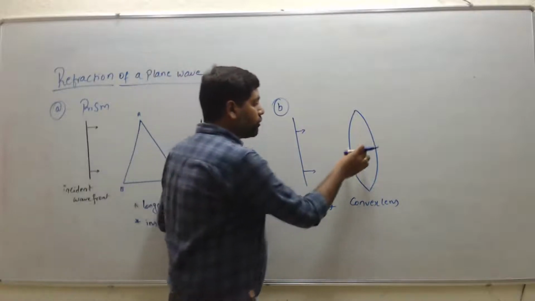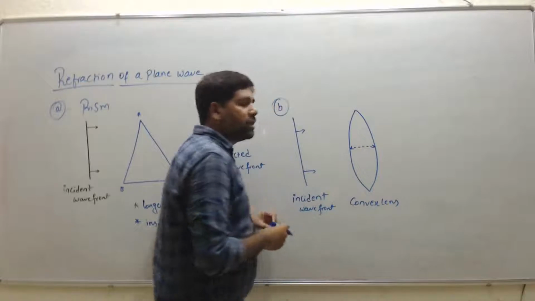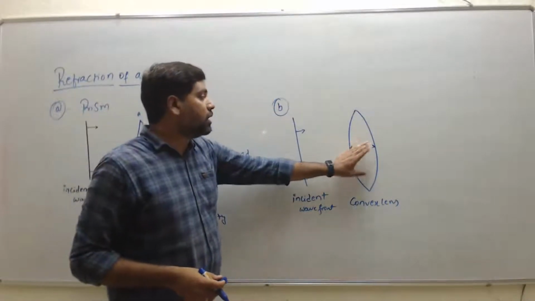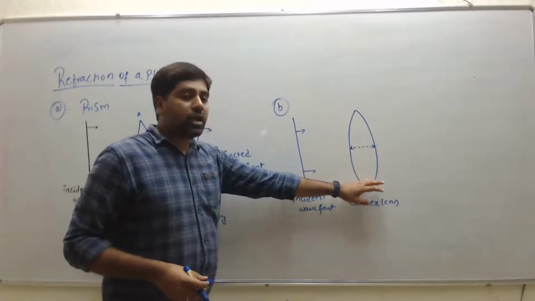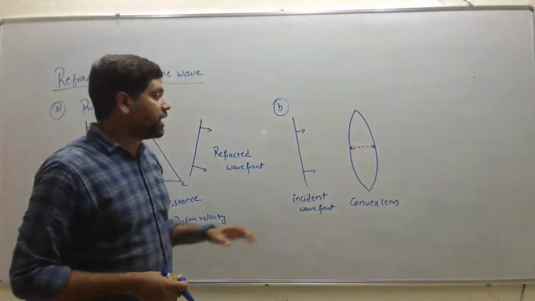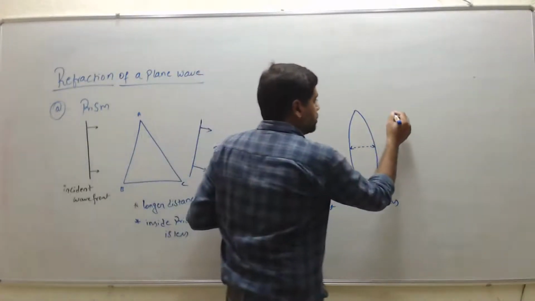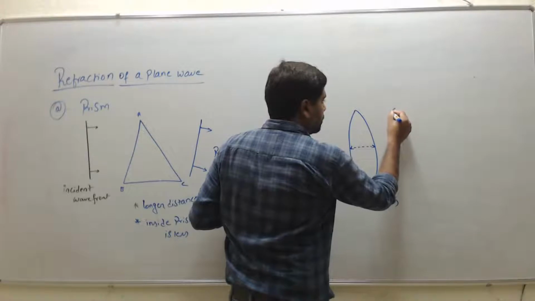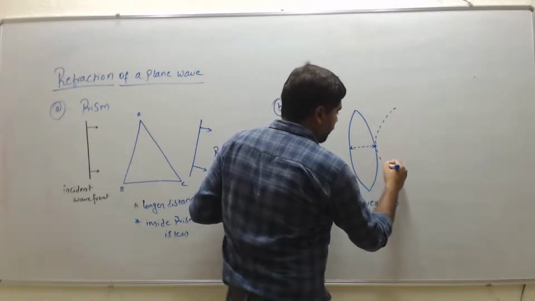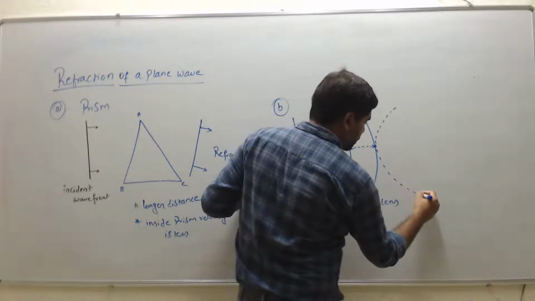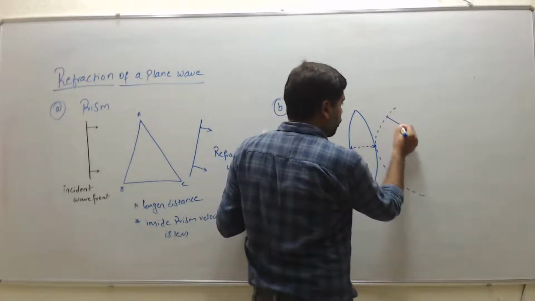In the middle of the lens, it has to travel the largest distance. Here also the same case: in the middle, it has to travel a larger distance compared to the edges. Hence, the refracted ray will be depressed. The refracted ray goes like this and converges to the point F, that is, to the focus.